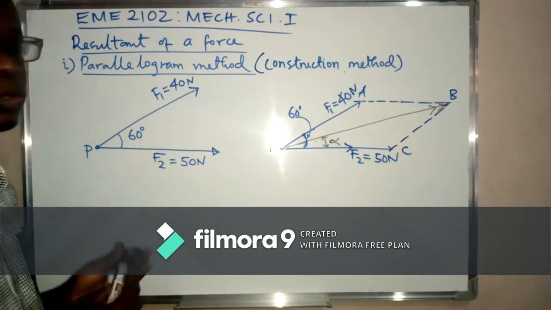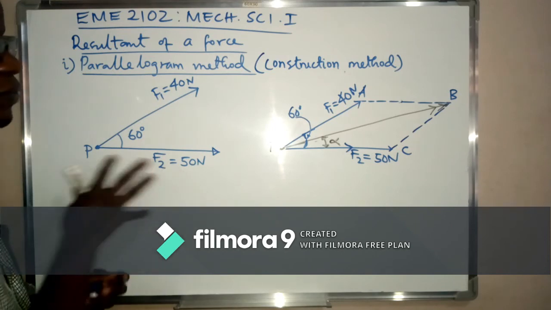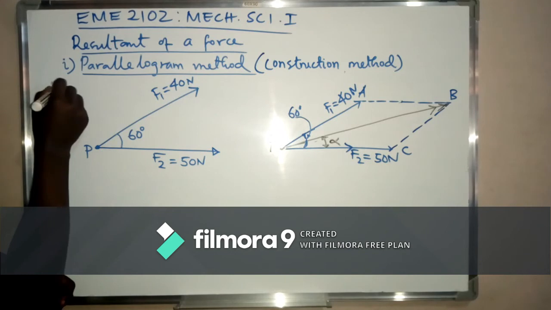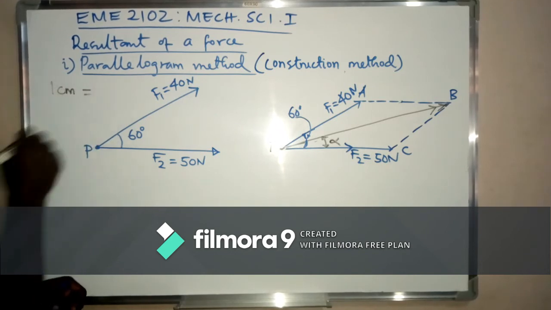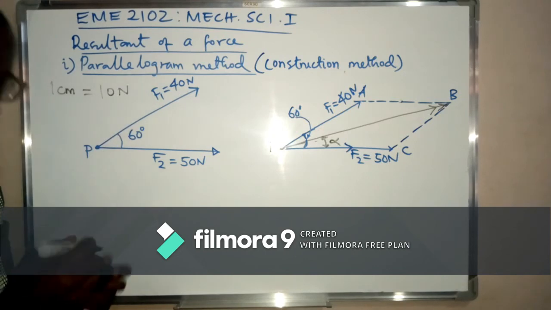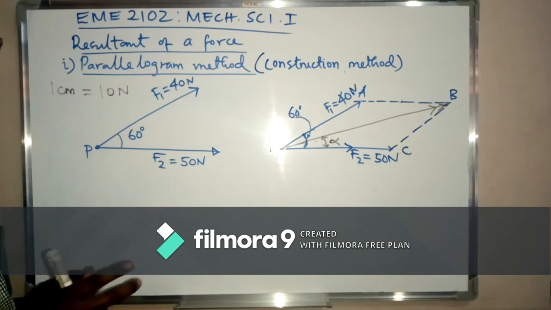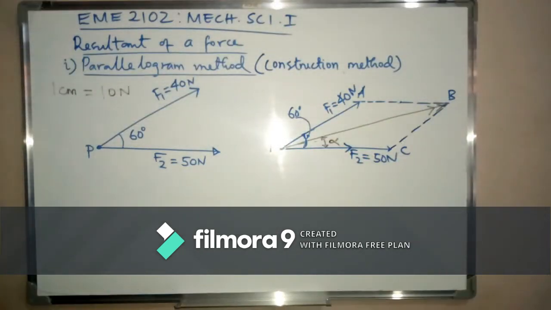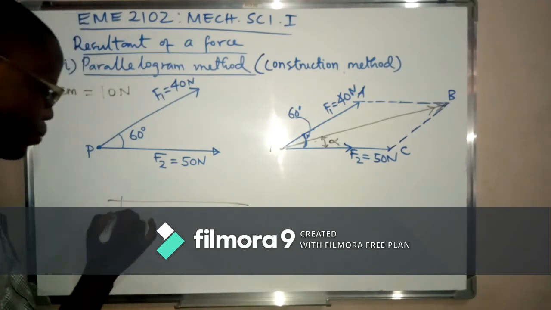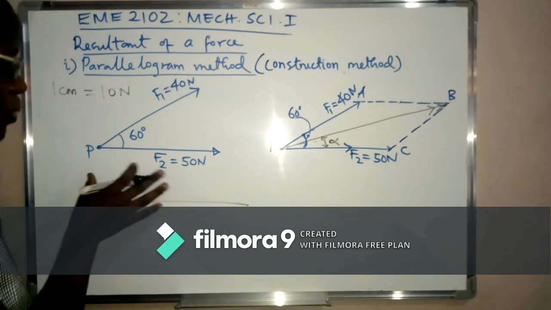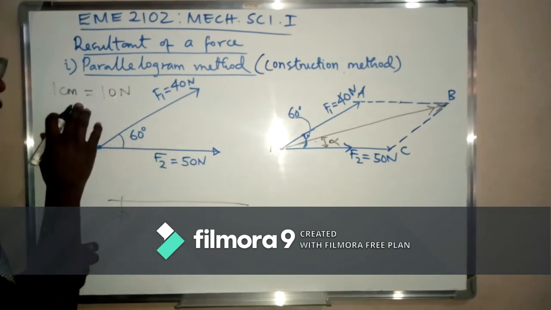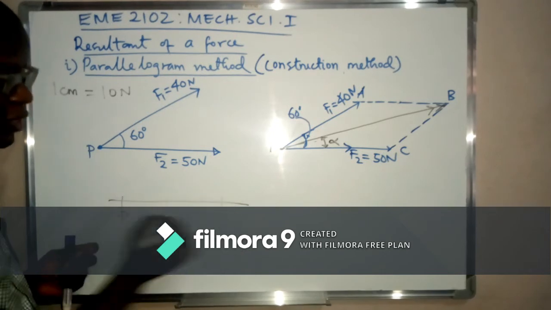When we want to get the resultant force for these two forces, we need to do construction. So we have to choose a scale. For example, in this case, I may choose a scale of 1 centimeter represents 10 newtons. Using my protractor and ruler, you draw a straight line and mark point P. Since this is 50 newtons and we use this scale, I will mark 5 centimeters.